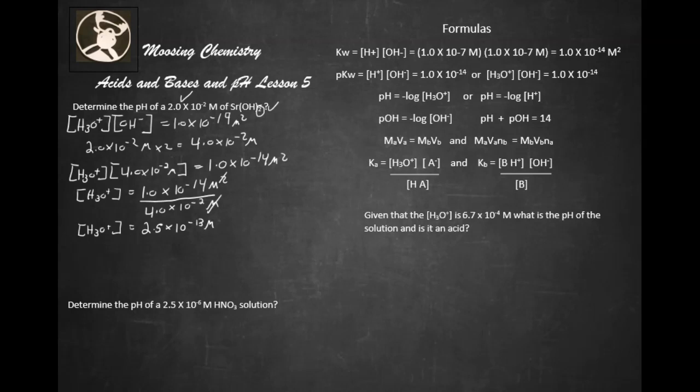Then we're going to put that into the pH formula. pH equals negative log of the hydrogen ion, and that's going to give me this.